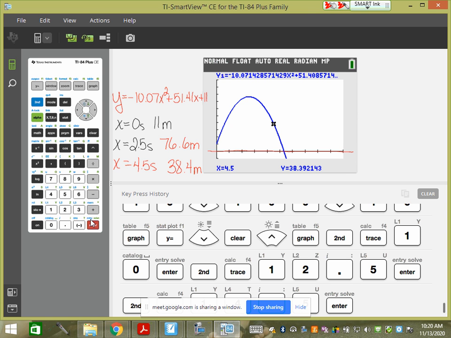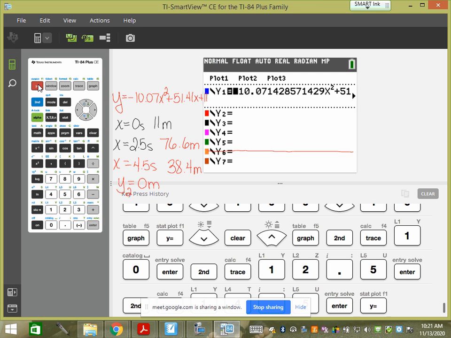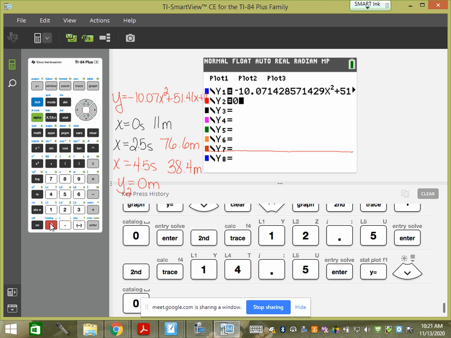Okay? The last question says, when did the ball, so what time did it hit the ground? The ground is when the height is 0 meters. So that's my y2. Now, can you guys all pay attention? Because you don't all have colored calculators like I do. So you can go to your y2 and you can put a 0. Now, this is the thing I tell you to do. Go over to the slashed line and hit enter once and it makes it thicker.